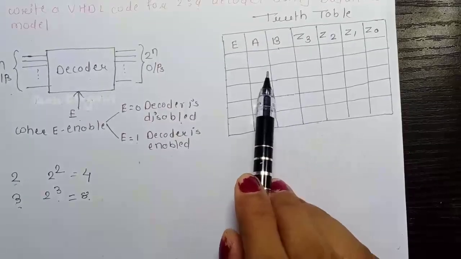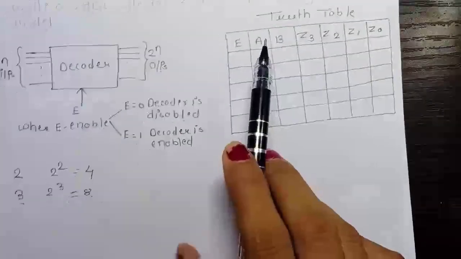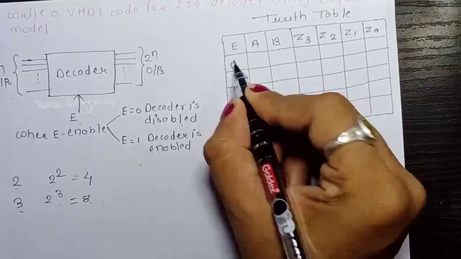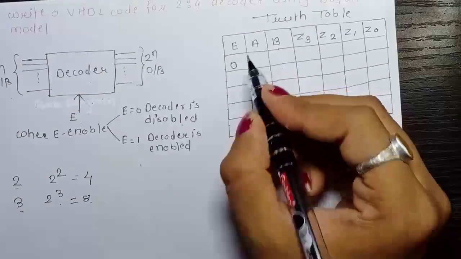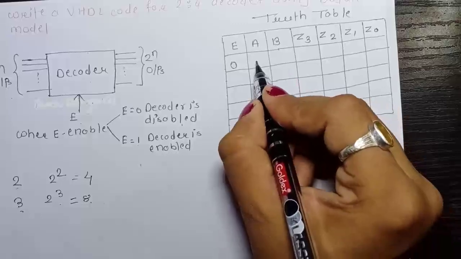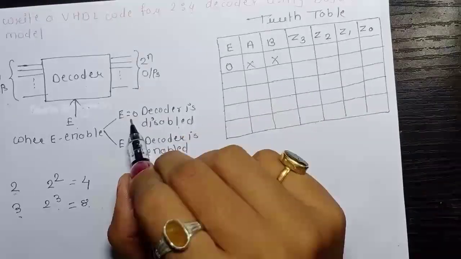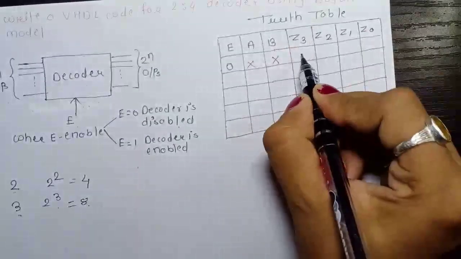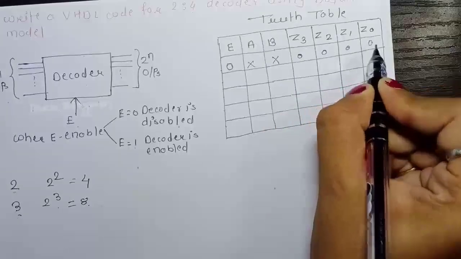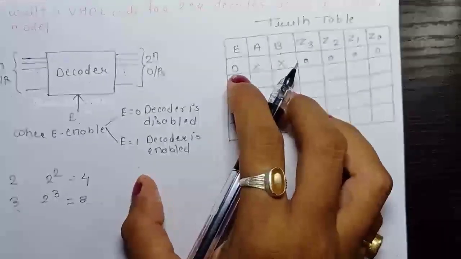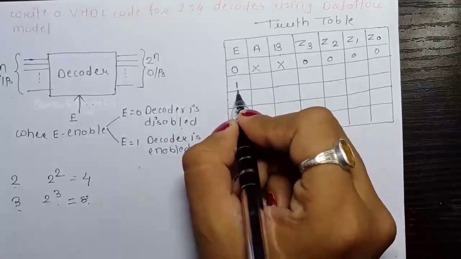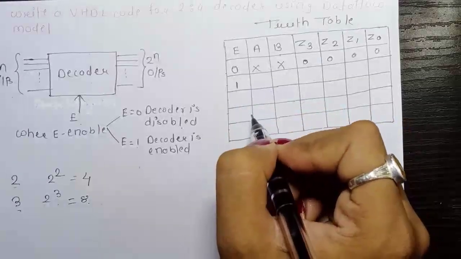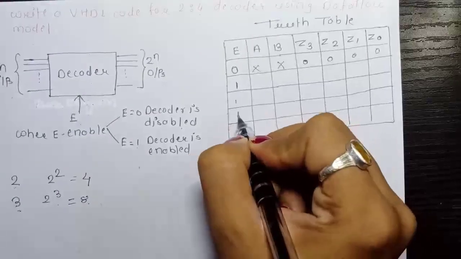Now here for 2 input bits, if E is equals to 0, that means don't care about the inputs, because when E is equals to 0, your decoder is disabled. Okay, so the output of decoder is equals to 0. So now here if E is equals to 1, that means now your decoder is enabled. From now onwards, enable is equals to 1.